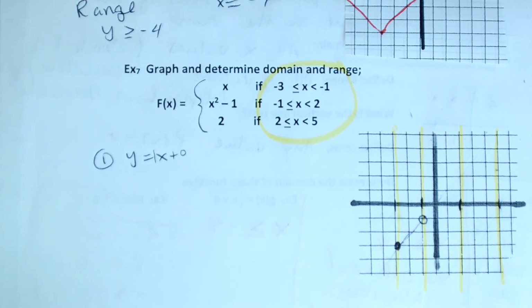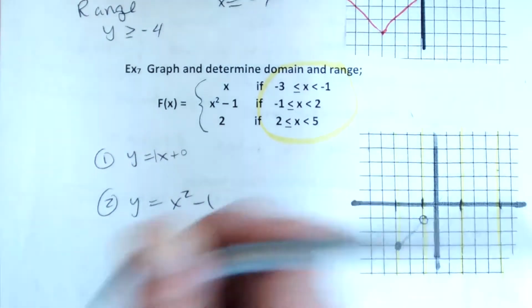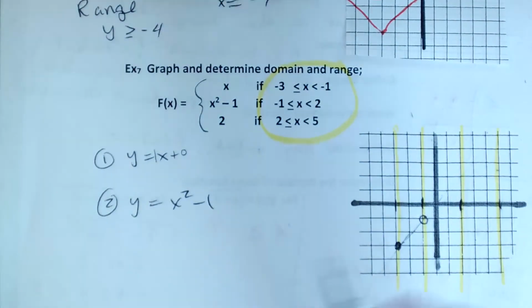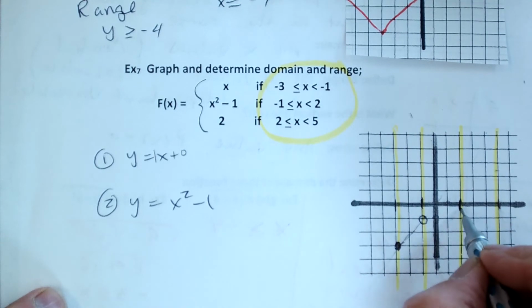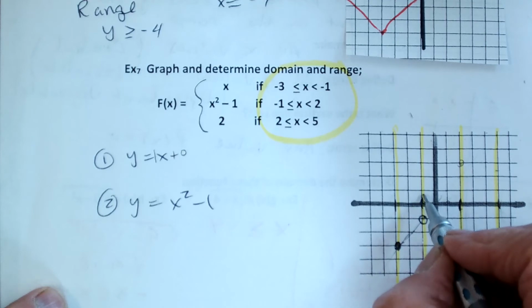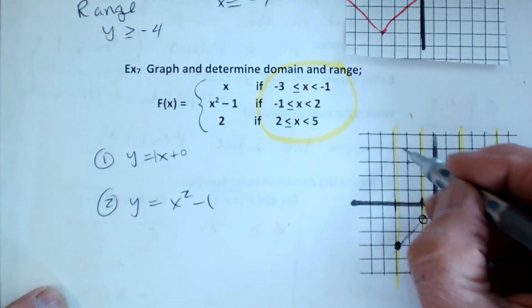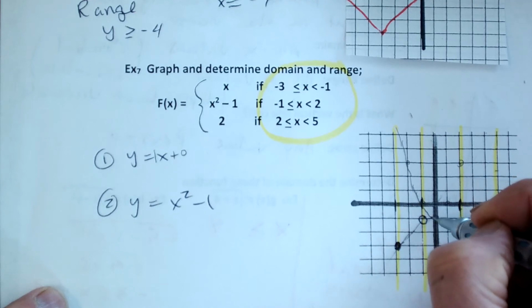So my second graph, graph number 2, is y equals x squared minus 1. I know that's a parabola, and it's going to look like this. 1, 2, 3, 4. And so my parabola looks something like this, right?